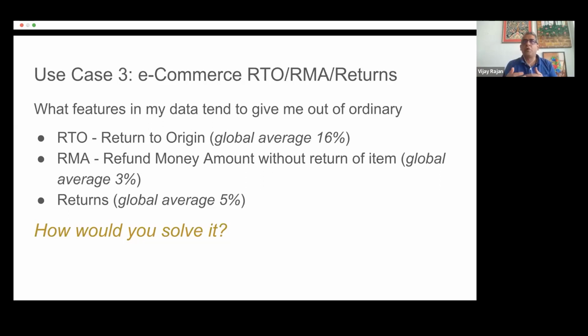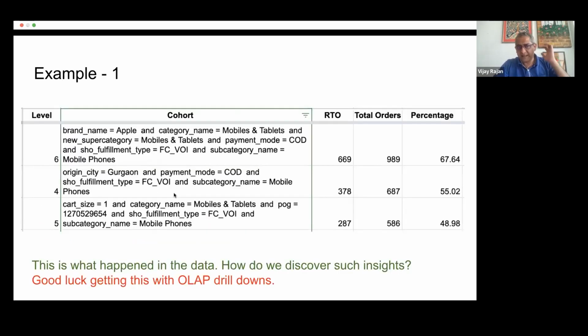And how do you go about making a dashboard for your customer so that they can realize and track things periodically and regularly, and take action? In this example here, brand name Apple, category mobile and tablets, and cash on delivery, and this fulfillment type, I really don't know what FCDOI means, but it's one of the fulfillment types.